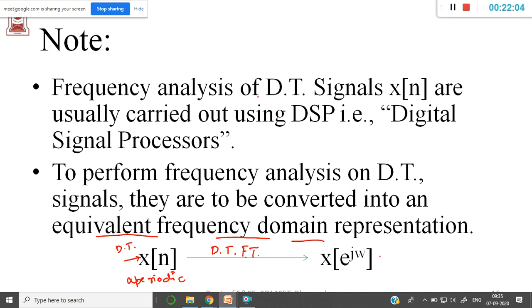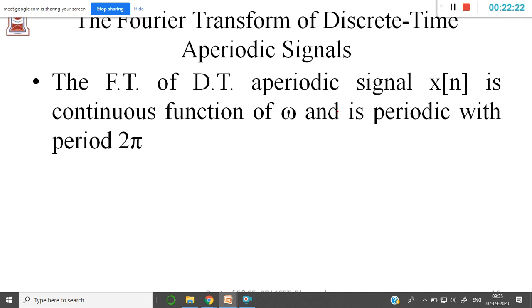The frequency analysis of discrete time signals, that is x of n, is usually carried out because we are using digital signal processors. That's a very important point here. Now, coming to this particular part, the Fourier transform of discrete time periodic signals.